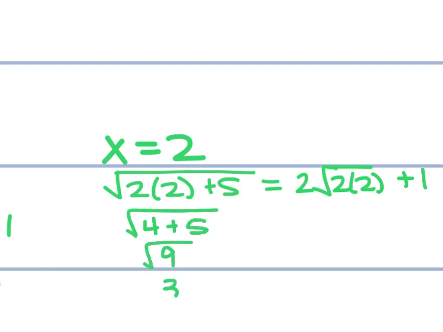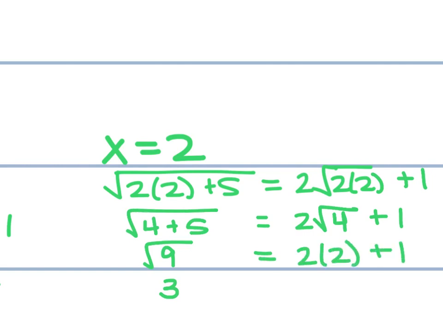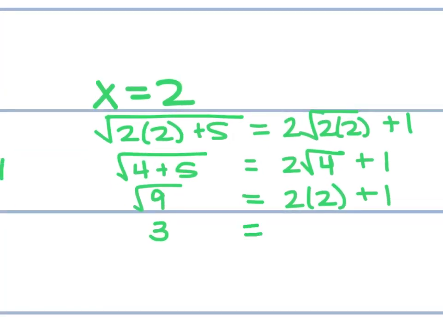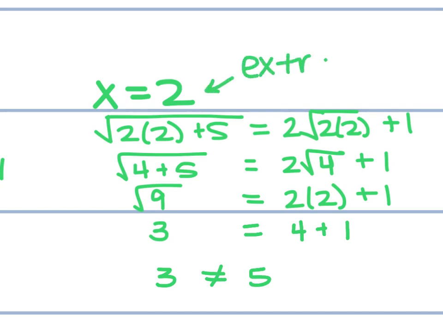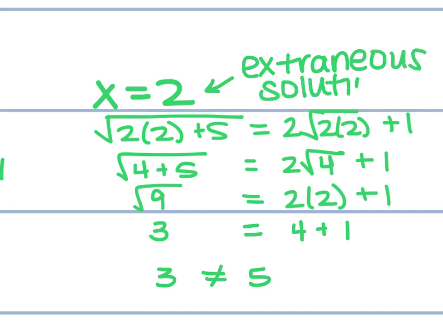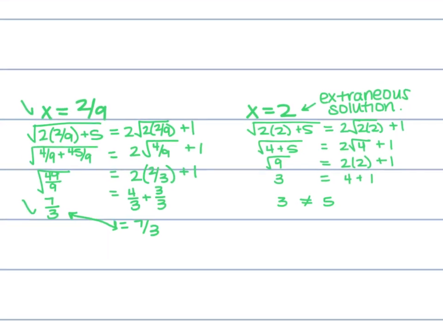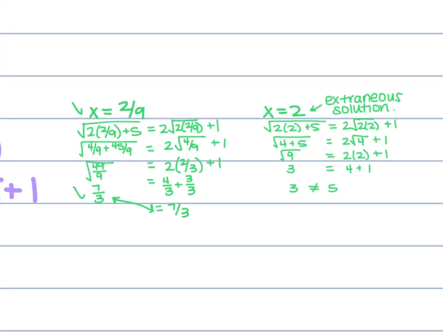The square root of 9 is 3. 2 times 2 is 4. 2 times the square root of 4 is going to be 2 times 2. 2 times 2 is 4, plus 1 is not 3. So this x is equal to 2 is an extraneous solution. The only one that is our solution is x is equal to 2/9.